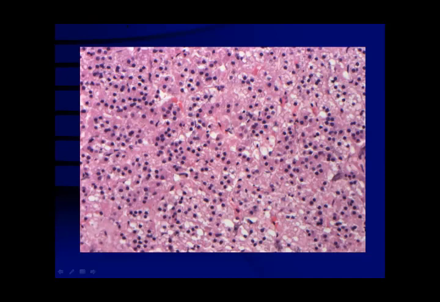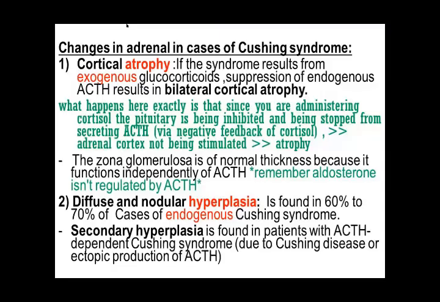So what are the changes in the adrenal gland in case of Cushing syndrome? There would be cortical atrophy. Atrophy means that the gland is shrunken in size. The most common cause of hypercortisolism is exogenous steroid.